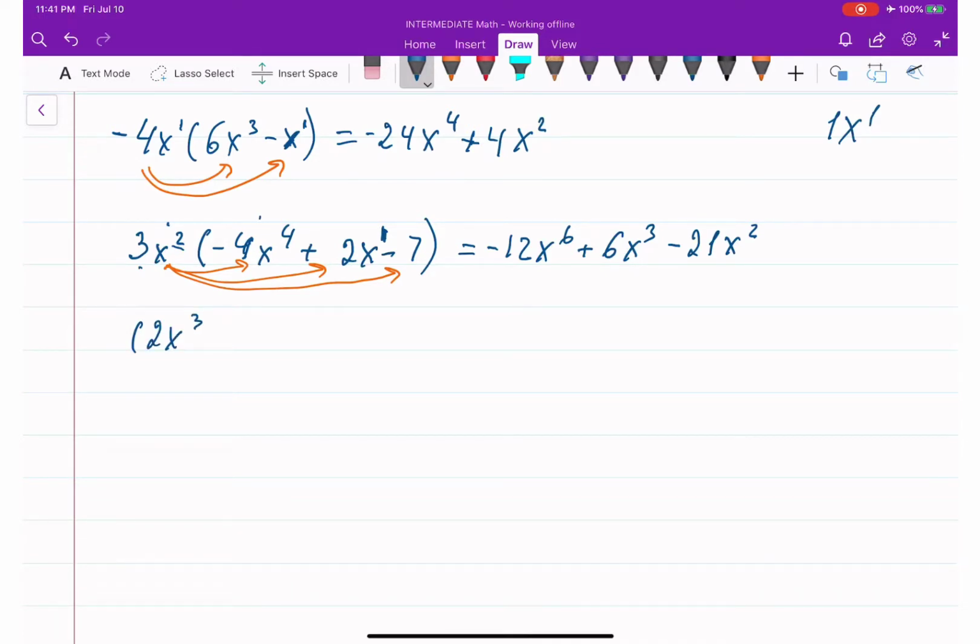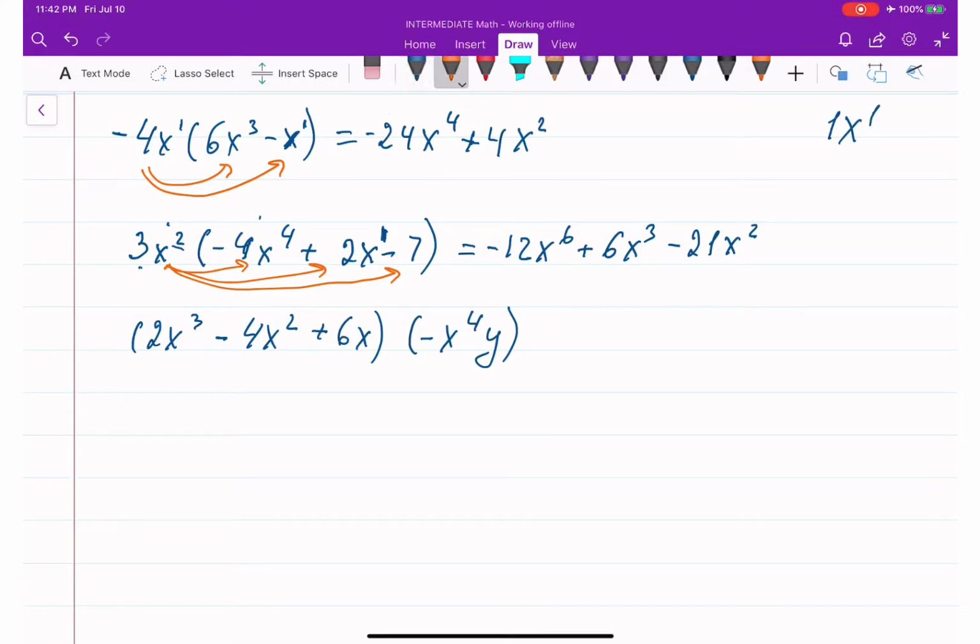2x cubed minus 4x squared plus 6x. And we multiply by negative x to 4 and y. So instead of multiplying every single term here, I would go backwards, although it doesn't matter.